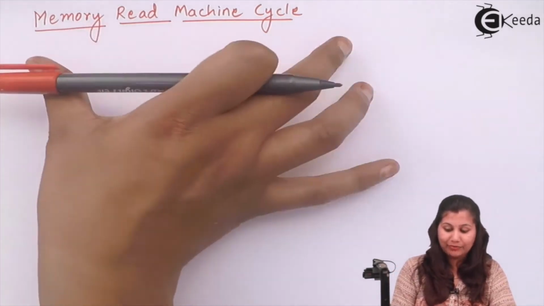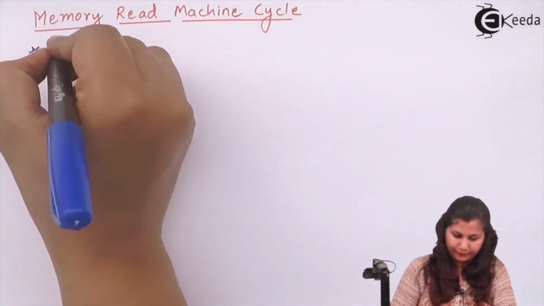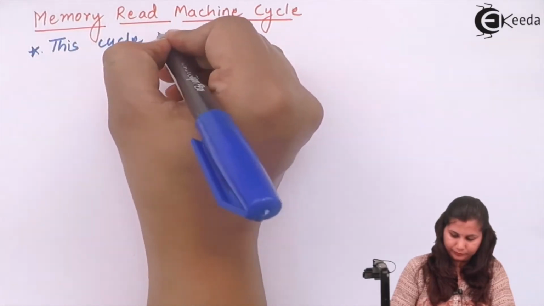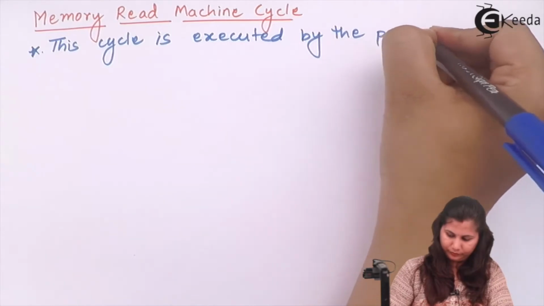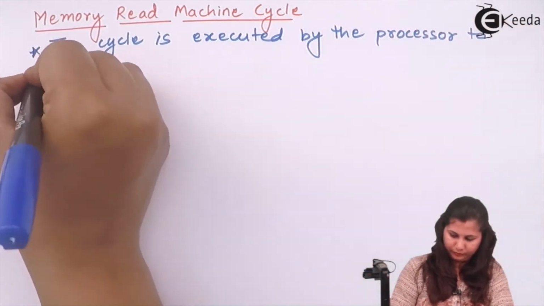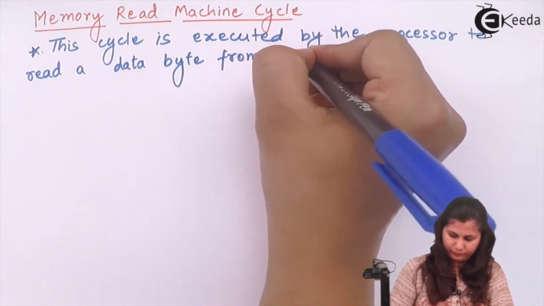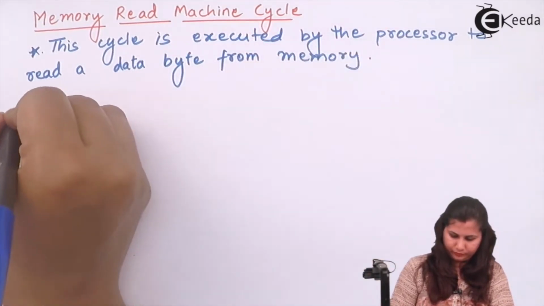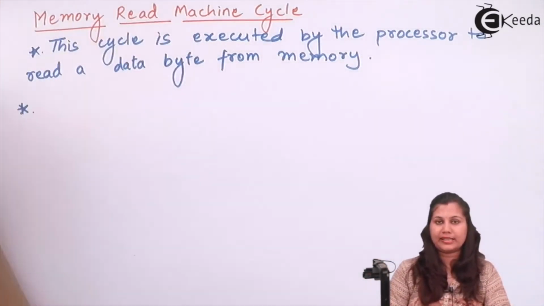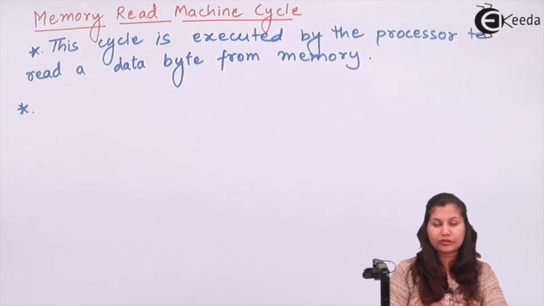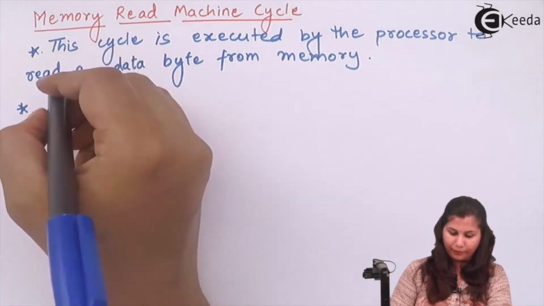At that time, this machine cycle is executed. This cycle is exactly the same as the opcode fetch machine cycle, because in the opcode fetch machine cycle also the memory read operation is performed.